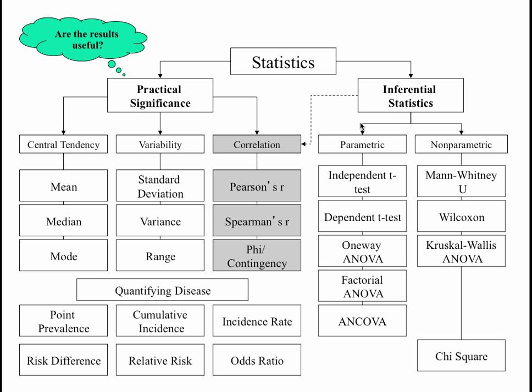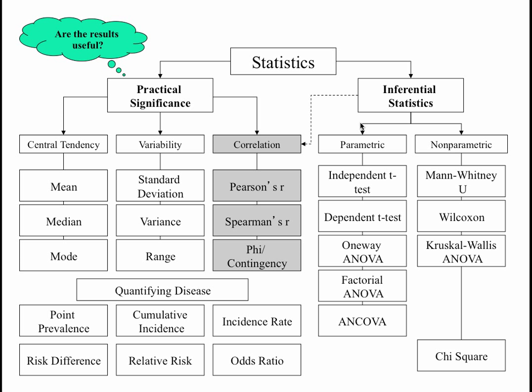Because if the actual difference in blood pressure readings at the end of the study is very minimal, then we might decide the effort and resources that would have to be invested into using this new technique for lowering blood pressure simply isn't practical. So practical significance simply focuses on the notion of, are the results useful?